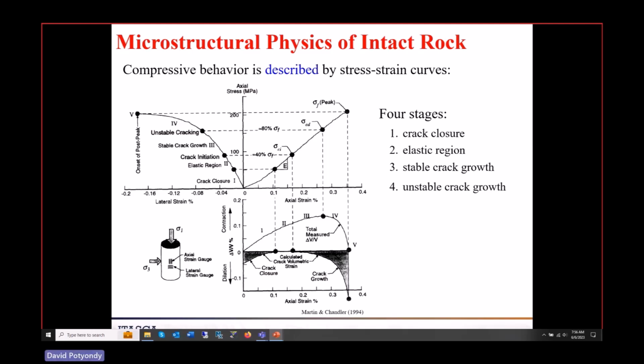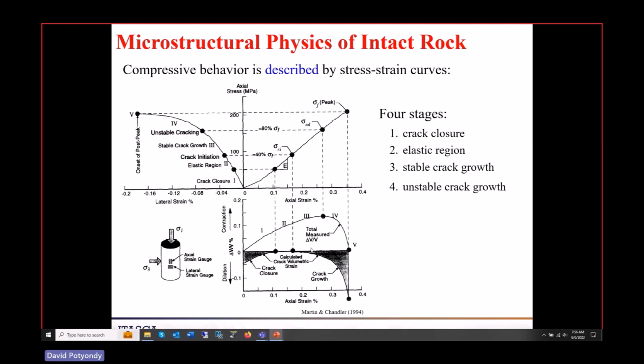So the rock in that underground laboratory was Lac du Bonnet granite. And so there's been an unprecedented amount of laboratory testing data for it. As far as I'm aware, it's probably the best data set for any rock that we have. And so we're going to use that as an example of these different stages.